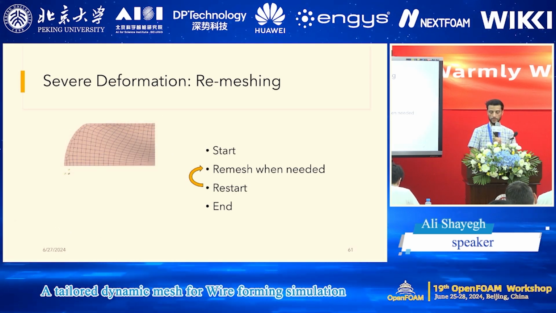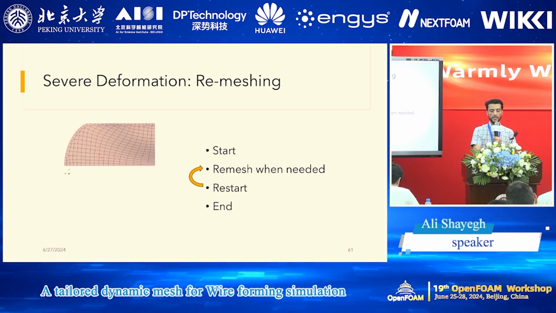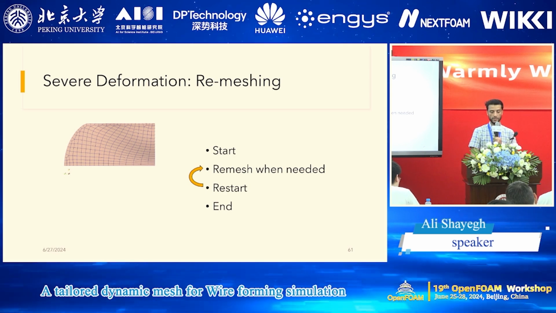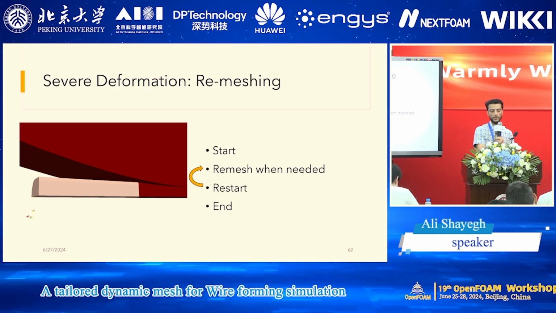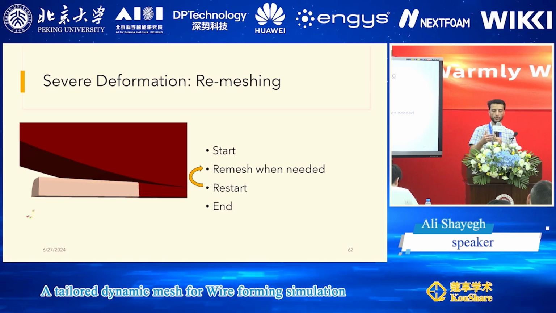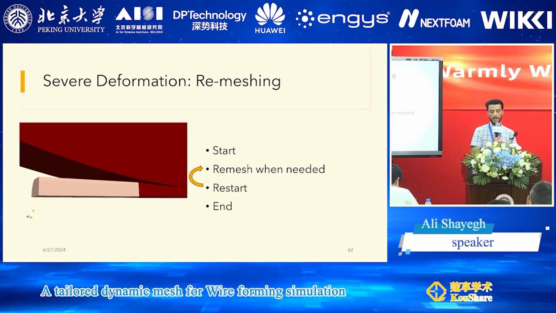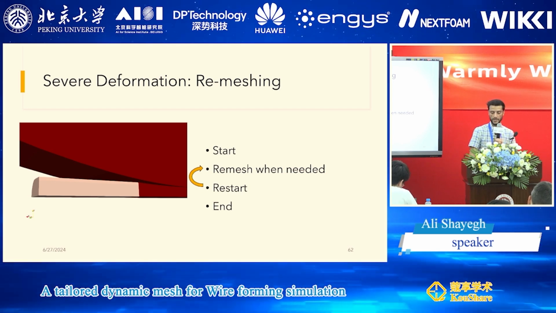So maybe I can explain on these pictures. Assume that this is the distorted mesh, and you do the remeshing. After remeshing, you want your mesh to be layered, at least at the last cell on the downstream.